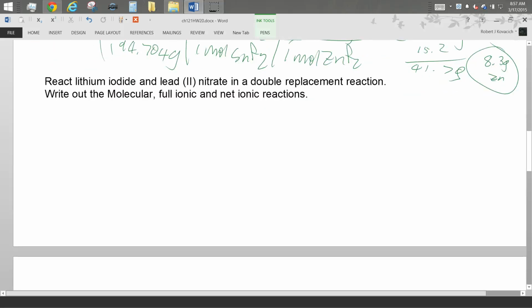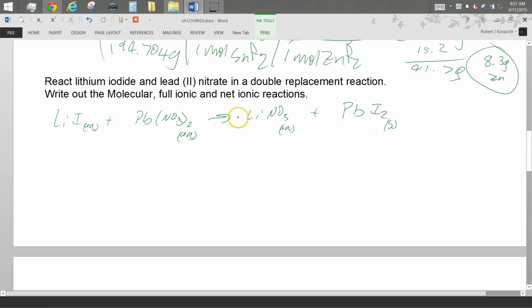So lithium iodide and lead nitrate, a double replacement reaction. Okay. So I've got LiI, and that's going to be aqueous. And I've got lead 2 nitrate, and that's going to be aqueous. And if they swap partners, I'm going to get lithium nitrate, aqueous, and lead 2 iodide, solid.